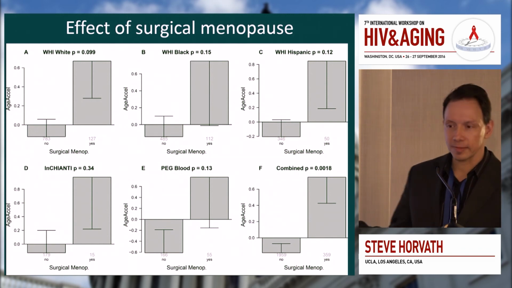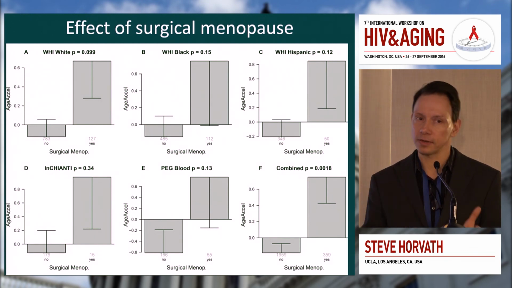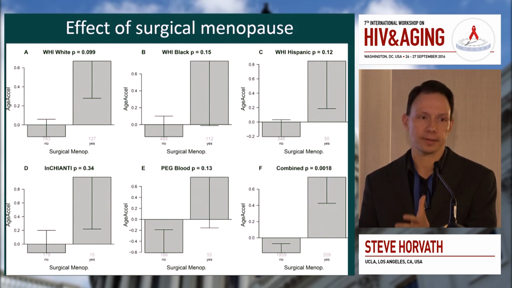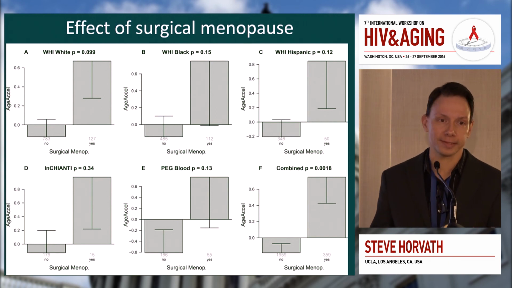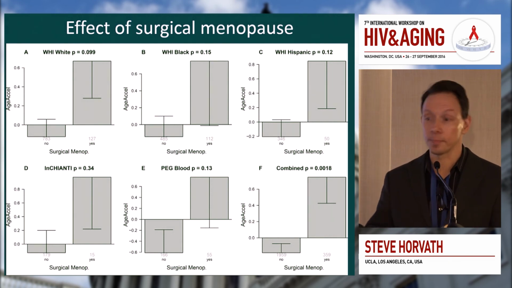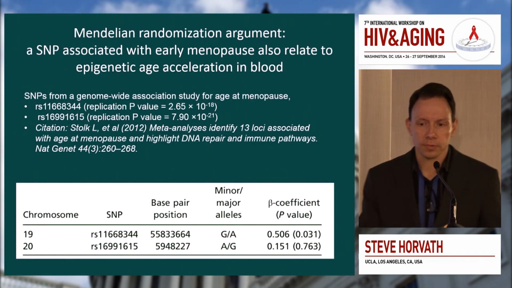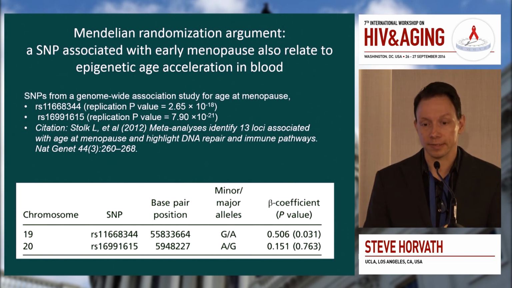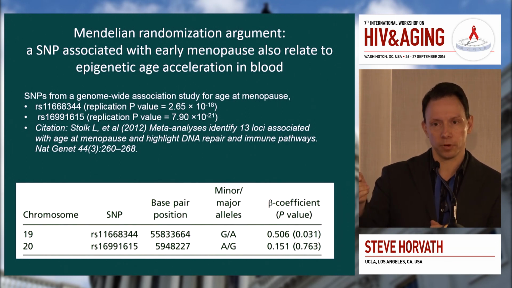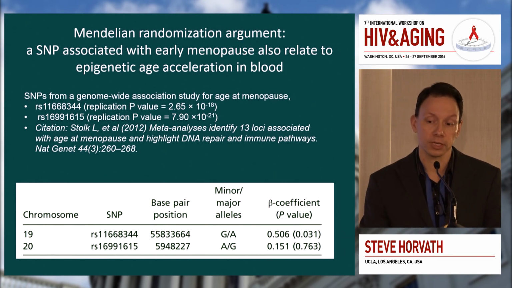And if you make the assumption that surgical menopause is a quasi-random intervention, some women have simply bad luck, they need the procedures, others don't, then this is almost like a randomized trial, with the big caveat that it may not be random. But also we made a genetic argument where we looked at SNPs, genetic markers that had been found to be associated with early menopause, and one of these SNPs also was associated with age acceleration.